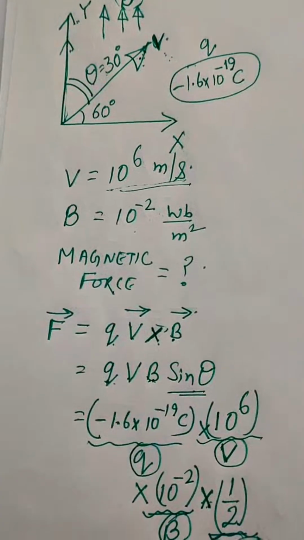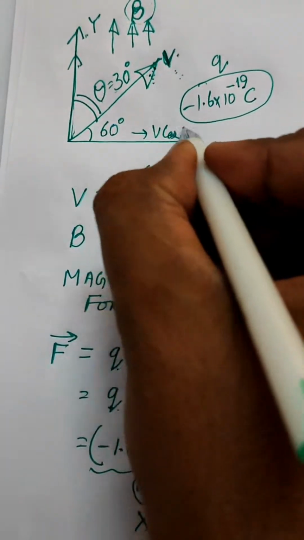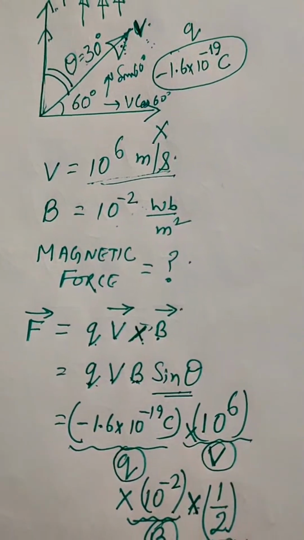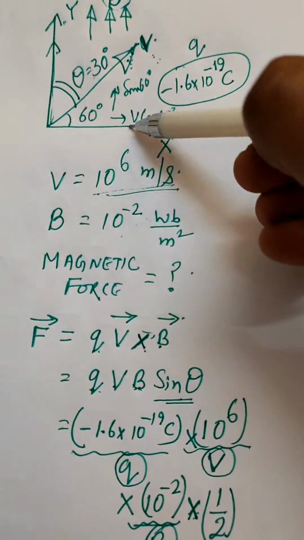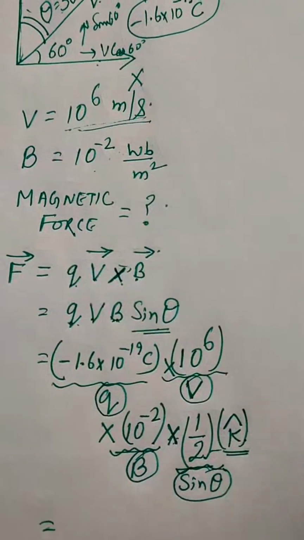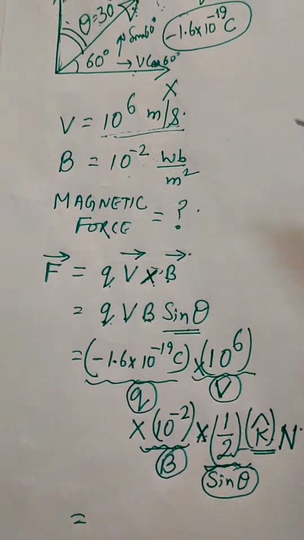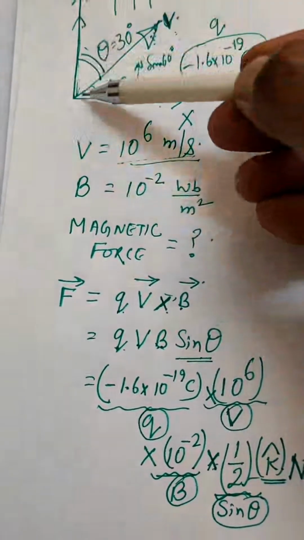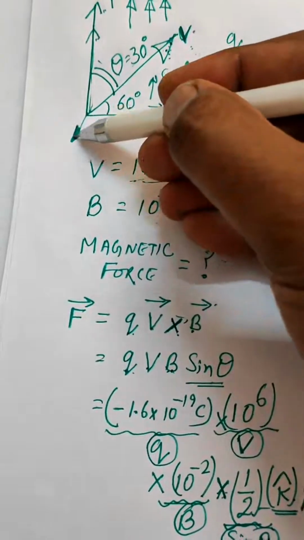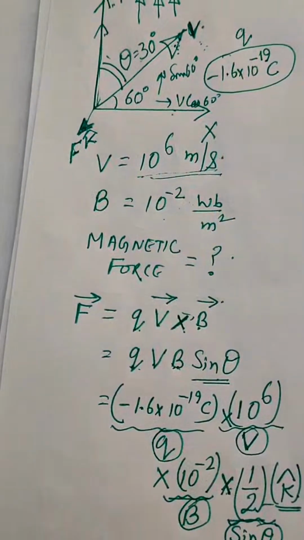Since the I and J components will be in cross product, this will give you K. So in the resultant only K will be available to you, and this much Newton is applied into the K direction, because I cross J comes out of the page, so the force will be exerted out of the page. So the force is applied into the K direction.